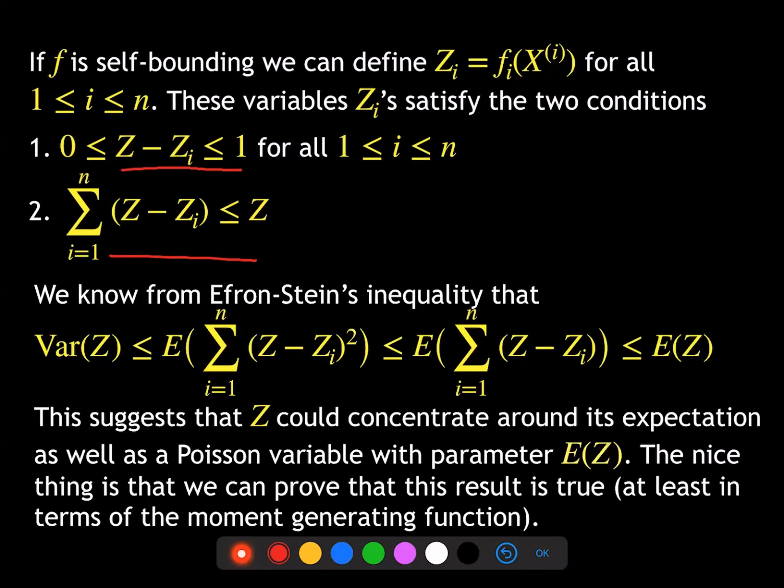That is, indeed, such a variable is sub-Poisson in a strong sense, that is, in the sense that you can control the moment generating function of the variable by the corresponding moment generating function of a Poisson variable with parameter expectation of Z. This is really a very nice and neat result.